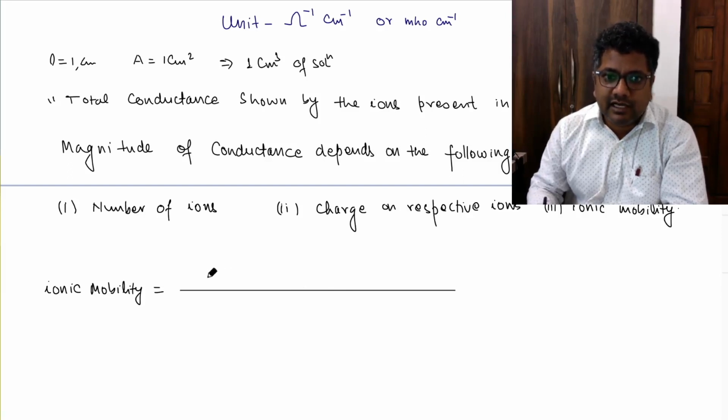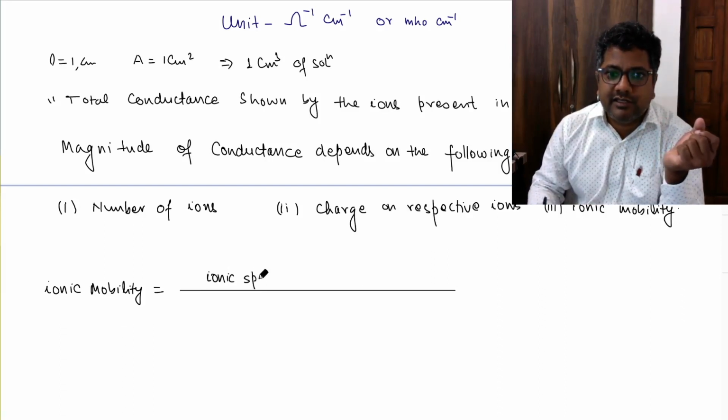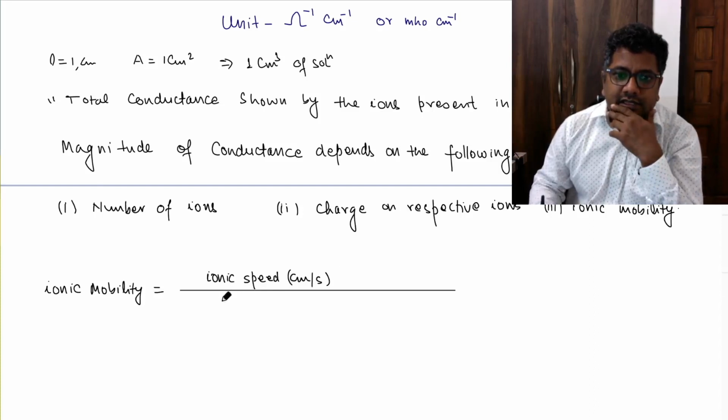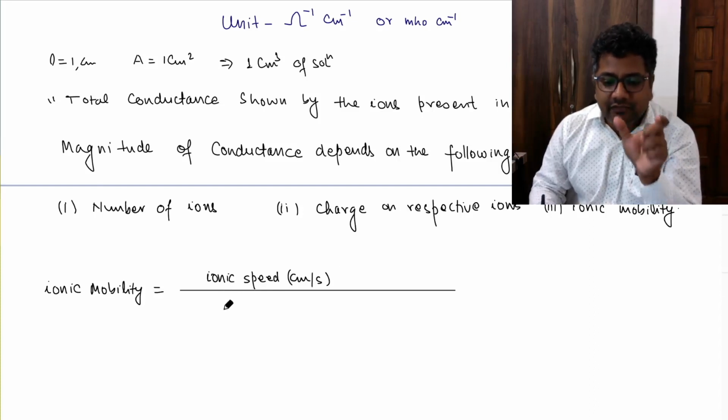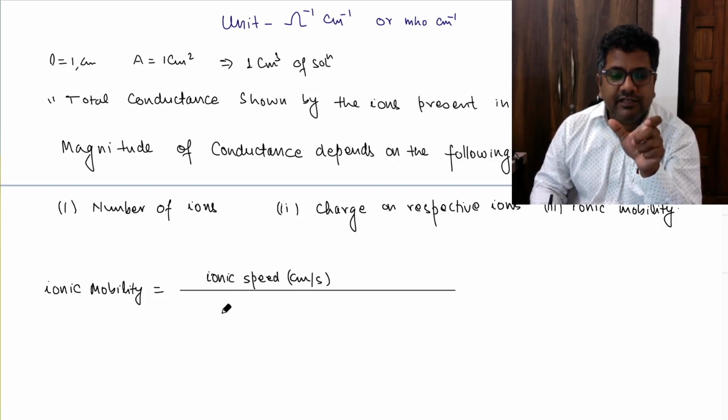Ionic mobility is the ionic speed, means speed of ions, in centimeter per second, divided by the potential difference per unit length.